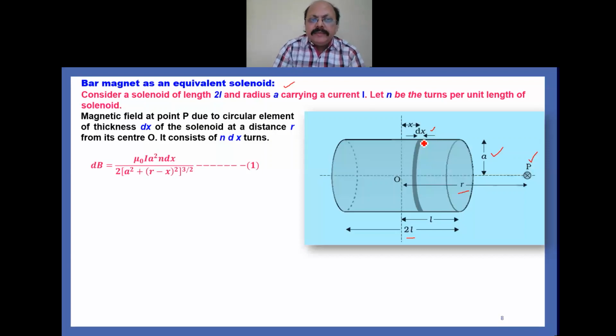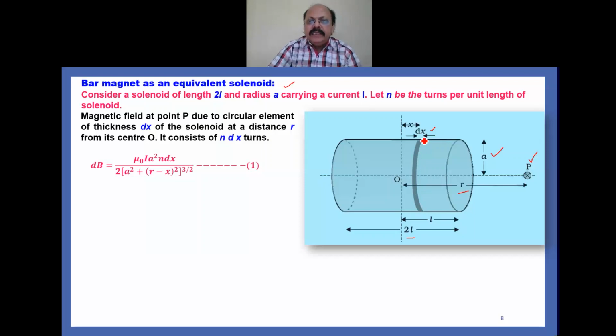As we know, the same concept of magnetic field at a point on a current carrying circular loop or coil we have to apply here, because we are taking a circular element of thickness dx.